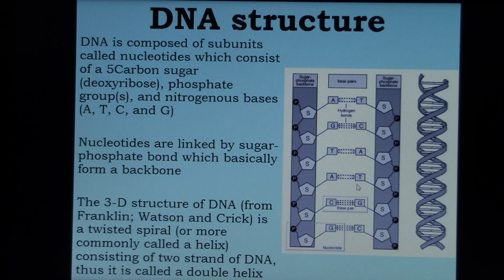So the information for a protein is in 3 of these that are adjacent. So if this was the beginning of what will result in the codon, the messenger RNA codon, AGT, and we'll look at this next week, is for a particular amino acid.